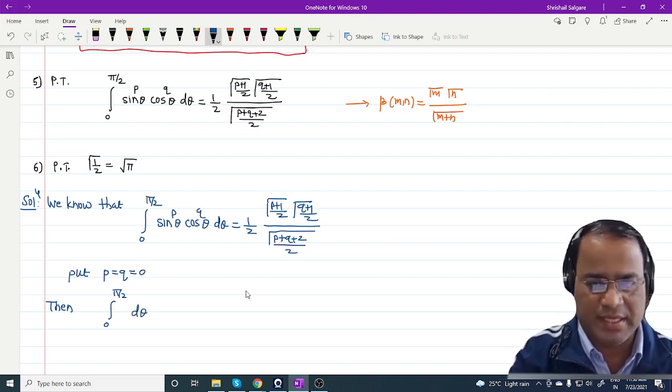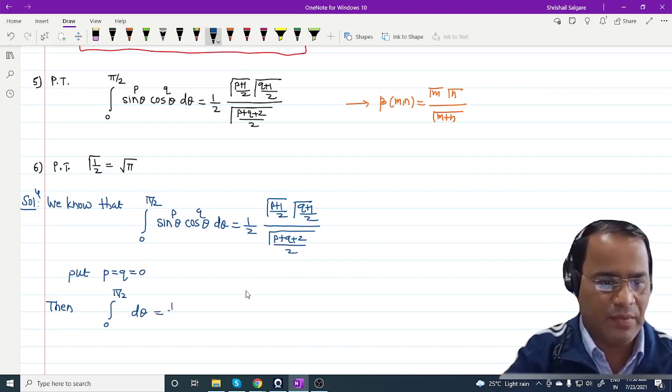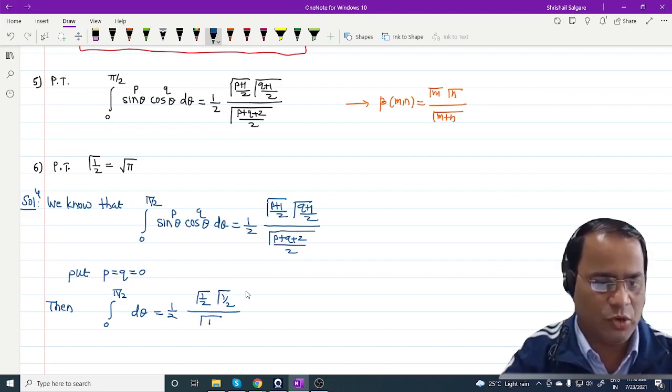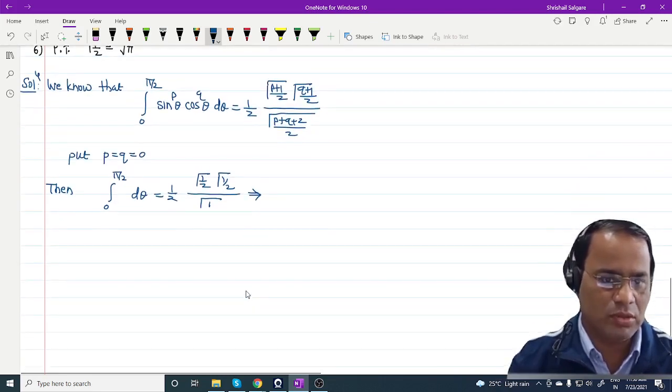It becomes d theta, and which is given by 1 by 2 into gamma of 1 by 2 gamma of 1 by 2 divided by, what is it? Anyone? Both p and q are 0, gamma 2 divided by 2.